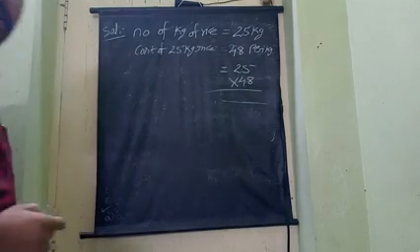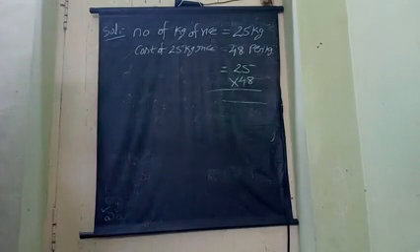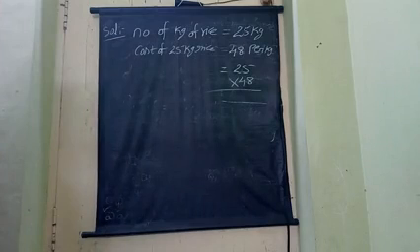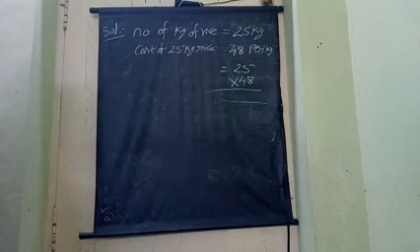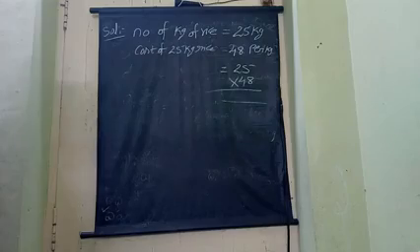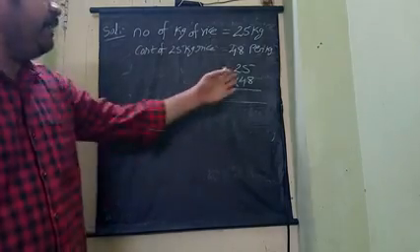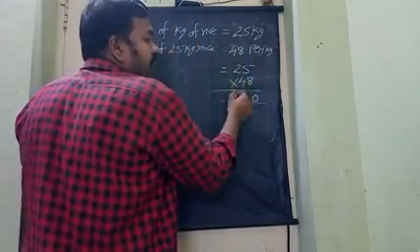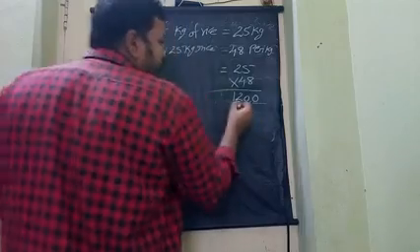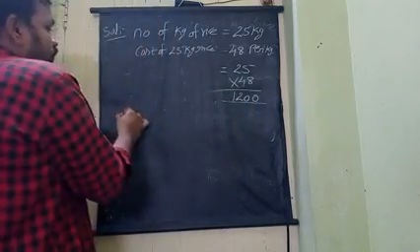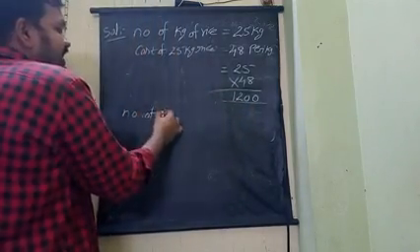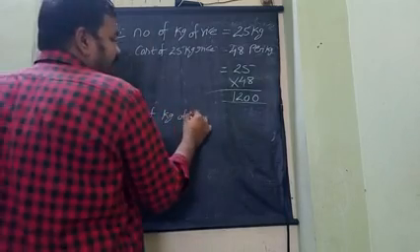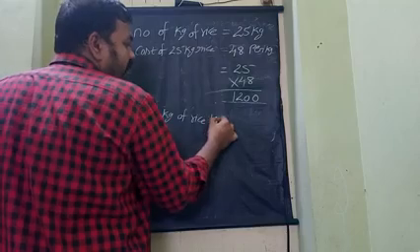Multiply using the 25 table. 25 8s are 200, 0, 20 will be balanced, 25 4s are 100, 120. That is 1200 rupees.